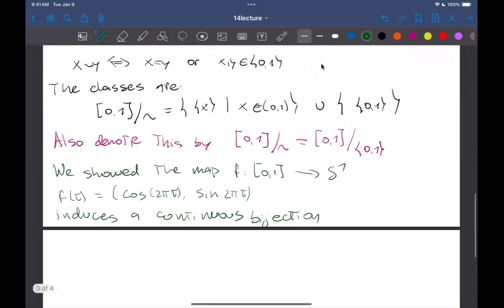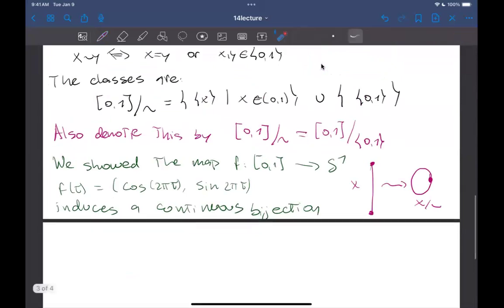What this map is doing is something like, here's your 0, 1, you wrap them around the circle like this, counterclockwise. And then at 0, you hit 1 again. So this is your x, this is your quotient. And this is what this function is doing.